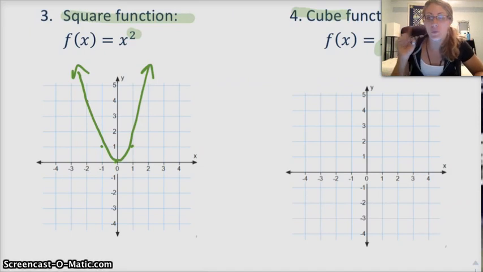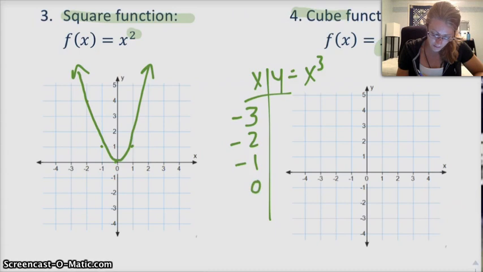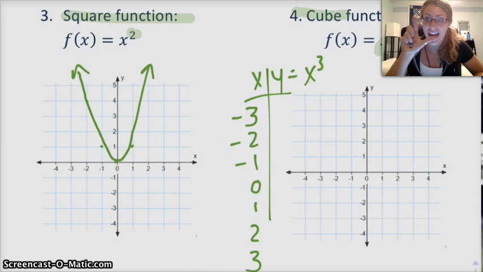I'm going to go with more than 5 numbers. Let's go, here's x, and here's y equals x cubed. Let's go -3, -2, -1, 0, 1, 2, 3. Let's see if we can find any patterns. Okay. Now, if I take -3 and cube it, -3 times -3 is 9.